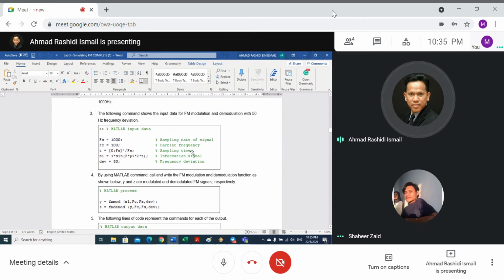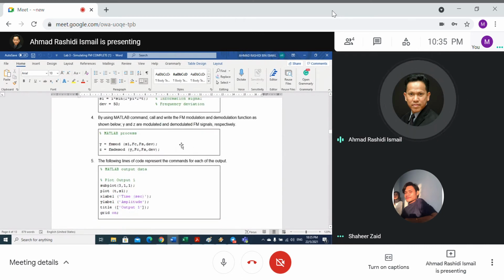The sampling time is given by this formula: t is equal to 0 to 1 over Fs. Next, this is the information signal, which is 1 times sin(2 pi f t). In this case, the frequency is 2 hertz and the deviation frequency is 50 hertz.